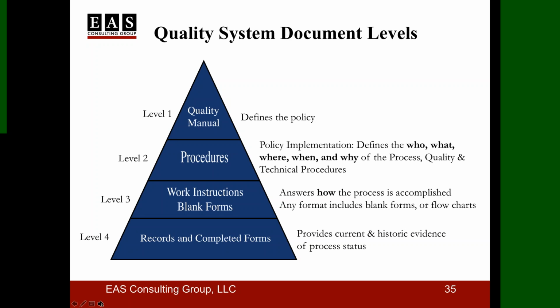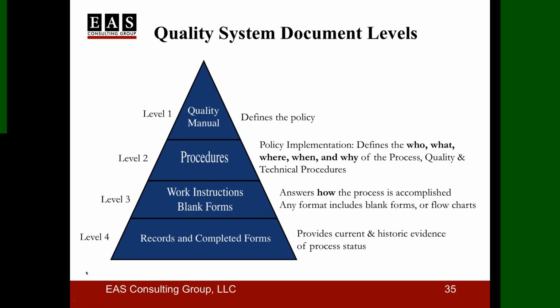So that's an example there for design controls. And of course, the actual design history file is the actual evidence that you've done design controls per 820.30 as an example, which is included in your SOP and work instructions. So that's kind of how it all works together.